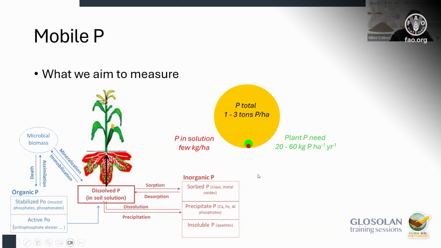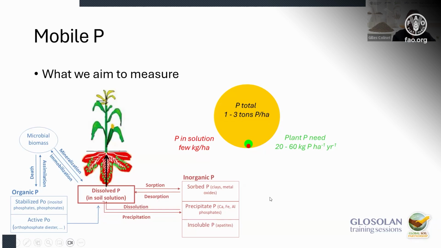Regarding the reserves of inorganic phosphorus, it may also be tricky to mobilize them. There is a lot of experience in the world showing that when you put phosphorus as fertilizer in the soils, a significant proportion of this phosphorus is sorbed by the soil and is hardly available for the plant. And so there are processes of sorption, desorption, and precipitation, dissolution that are to be taken into account.